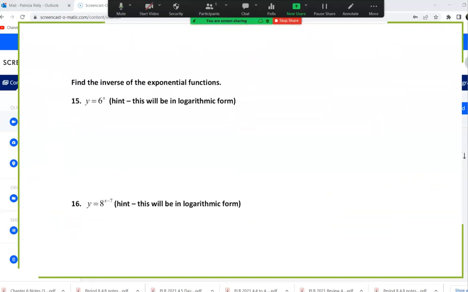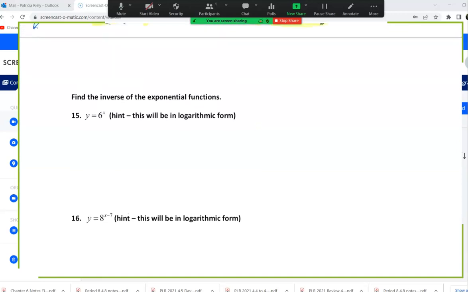Okay, this is an interesting one. Find the inverse of the exponential function. So remember how we did this. We first switched your x and y. Okay, and then we had to solve for the new y. So how am I going to do that? This is written in exponential form. So what's your base? So I'm going to say log of 6.